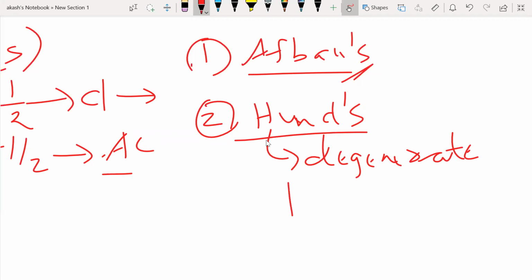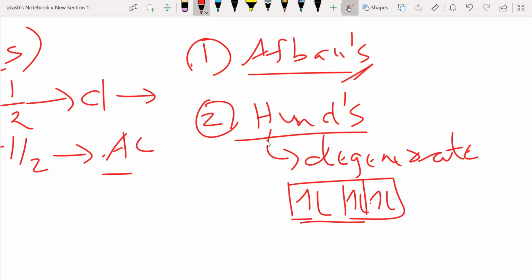For example, if you go for px, py, and pz, what it says is that you are going to fill the electrons first singly, and then only pairing has to happen. We already know this, just giving you a refresher. So when you go for degenerate orbitals like px, py, pz, or dxy, dyz, dxz, dz squared, and dx squared minus y squared, all the orbitals must be singly filled first, and then only pairing has to happen.